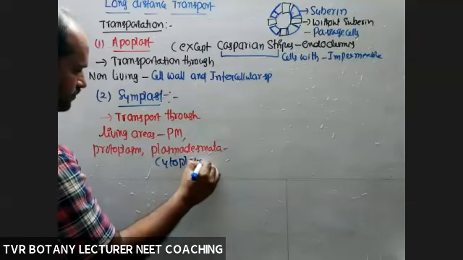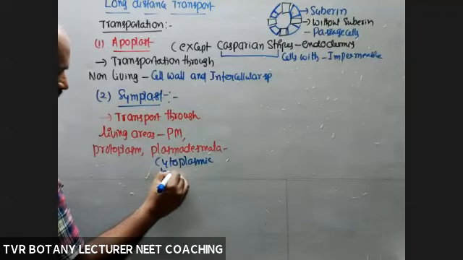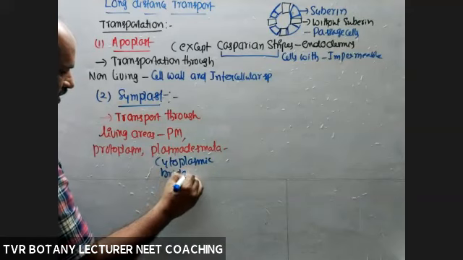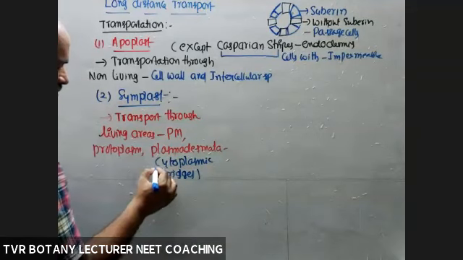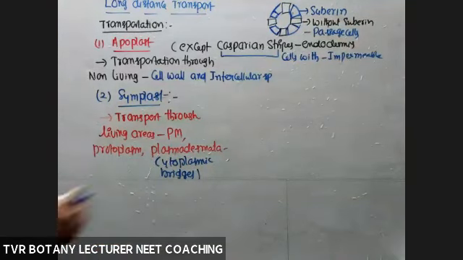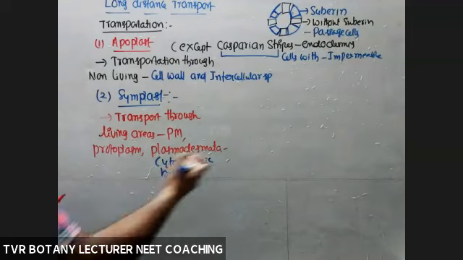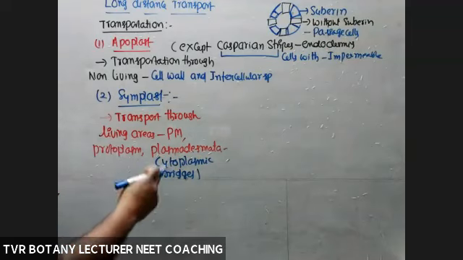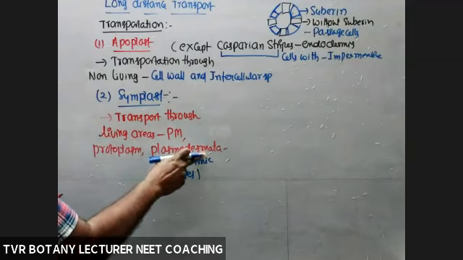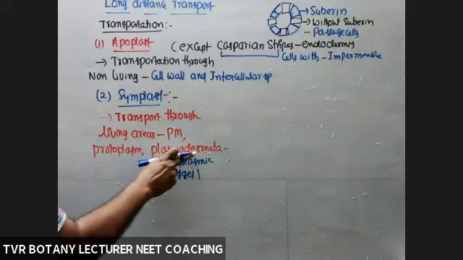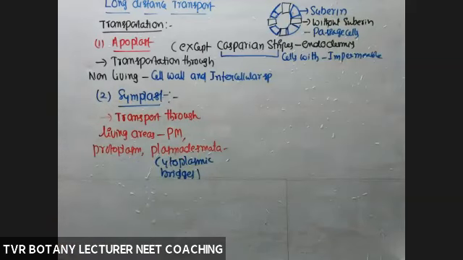Cytoplasmic bridges, which are connected through pits. Simply, plasmodesmata is nothing but cytoplasmic extension between cells concerned with intercellular transportation of materials. Okay, so that is about symplast.